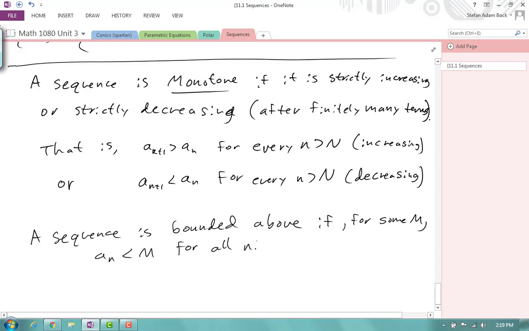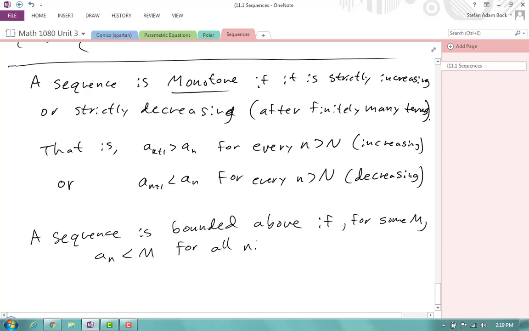We'll say a sequence is bounded above if, for some m, a sub n is less than m for all n. Now, I don't have to do an eventually thing here, because after finitely many terms, there exists a maximum value and a minimum value, because these sequences are supposed to be real valued, and infinity is not a real number.